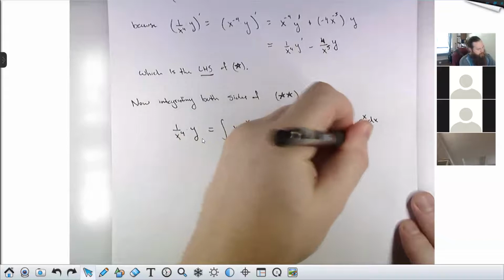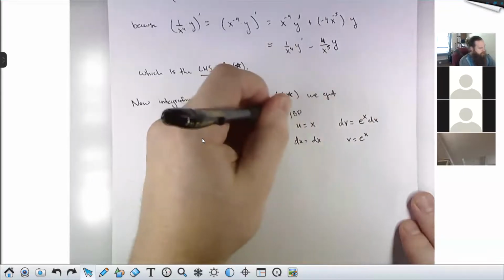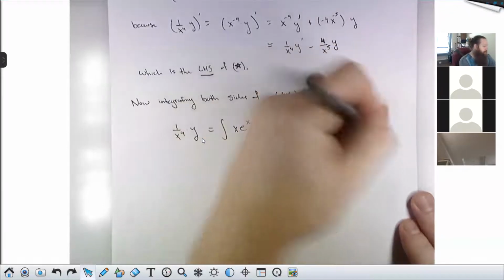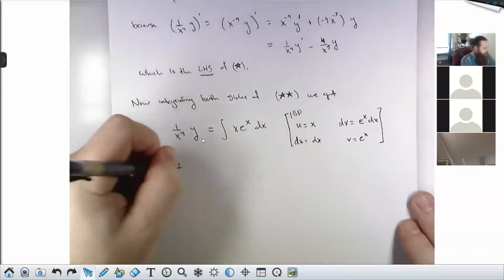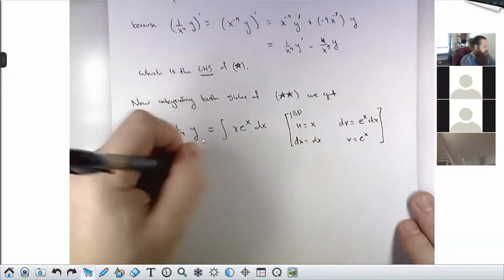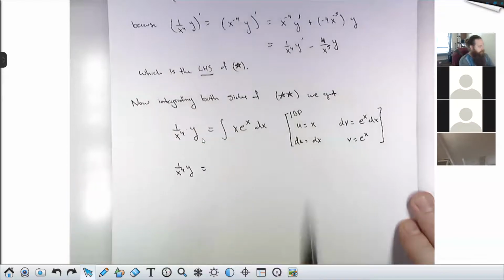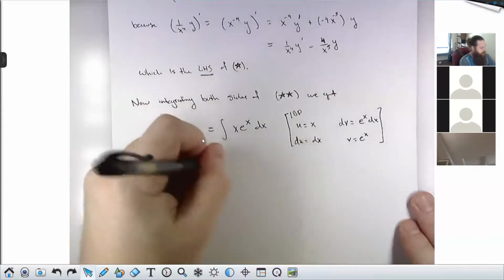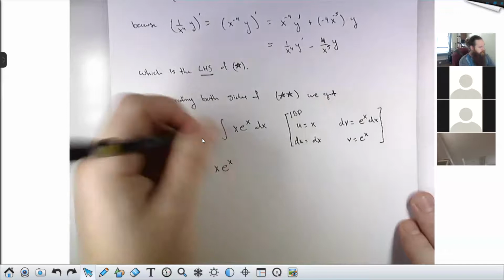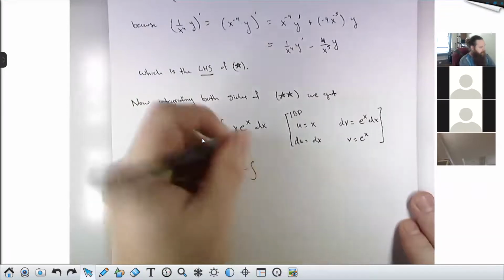And v is e to the x. So you get 1 over x to the 4 times y is equal to u times v, x e to the x, minus the integral of v du.